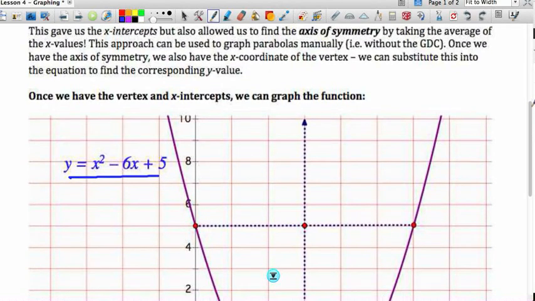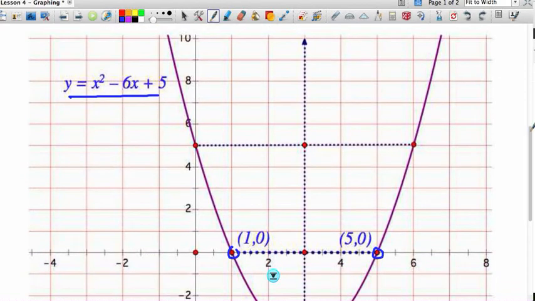Now what we're going to do is use the fact that parabolas are symmetric, which means if we can find the fold line, officially referred to as the axis of symmetry, then we will know the x-coordinate of the vertex or turning point.